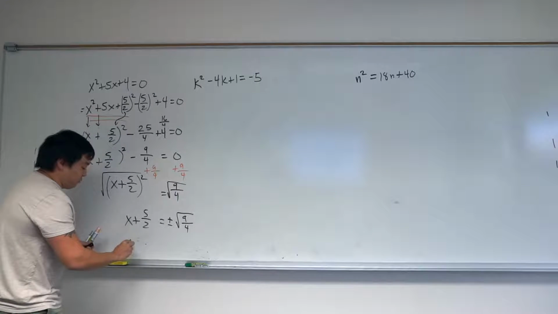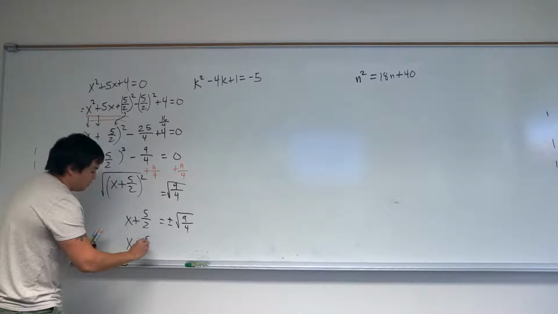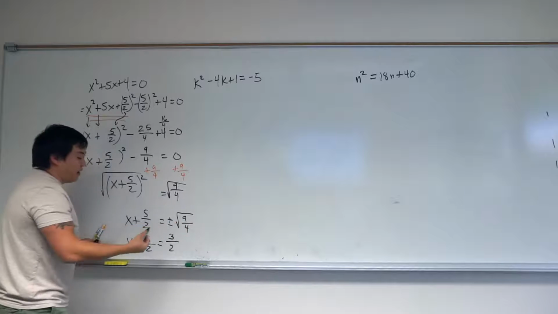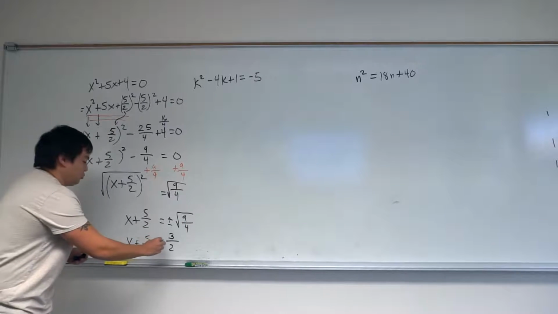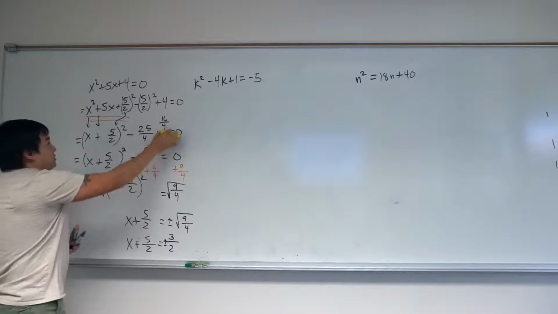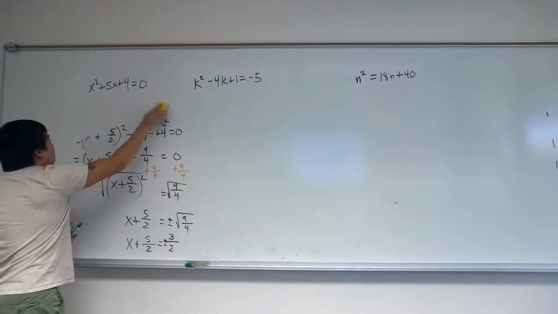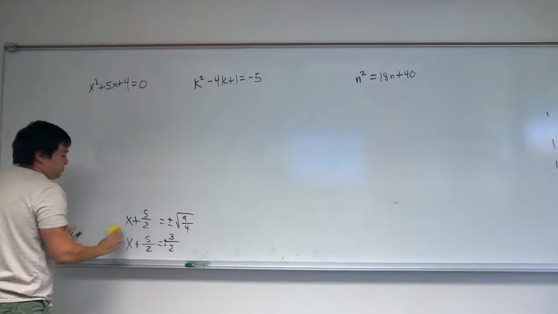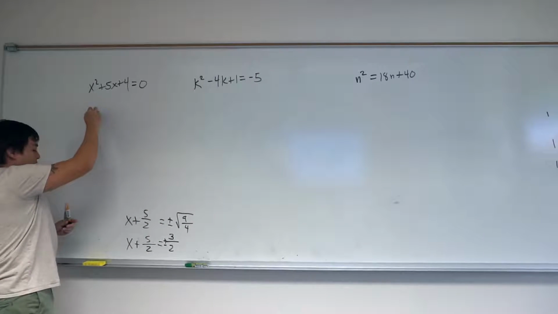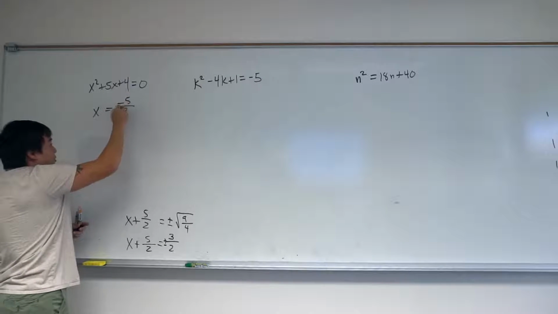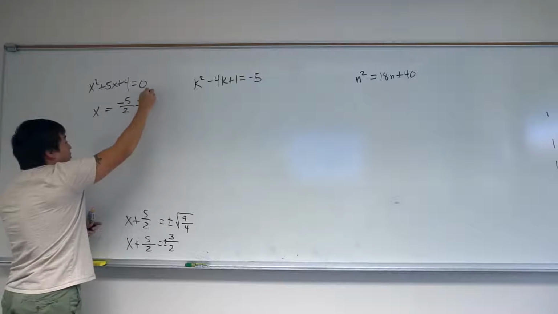And the square root of 9 over 4 is 3 over 2, because the square root of 9 is 3, the square root of 4 is 2. Let me erase this top part so we can continue on. So x is equal to negative 5 over 2 plus or minus 3 over 2.